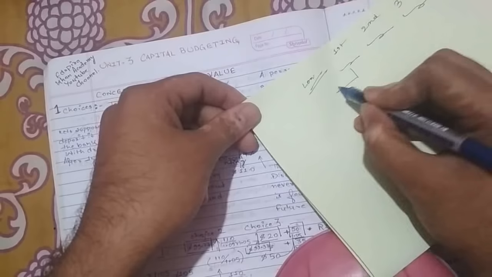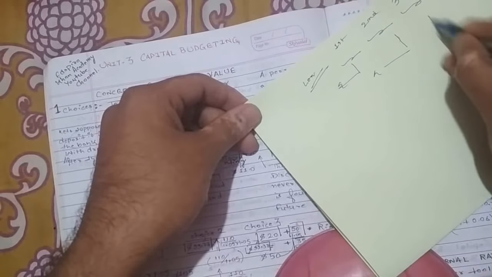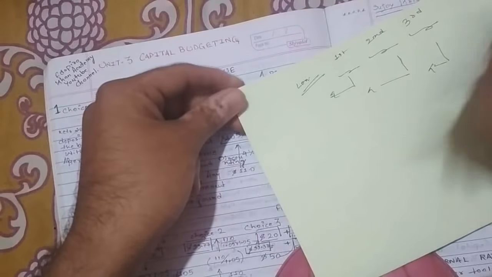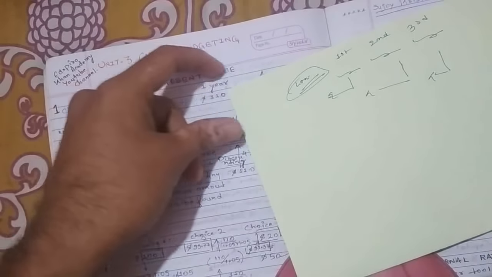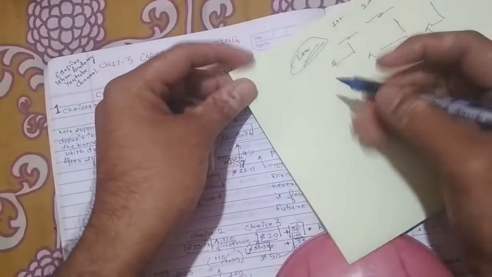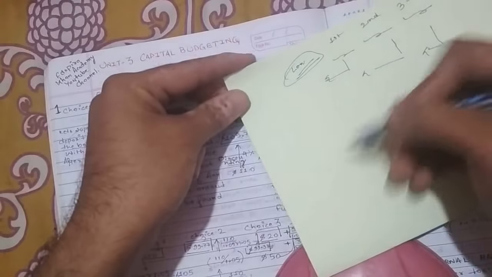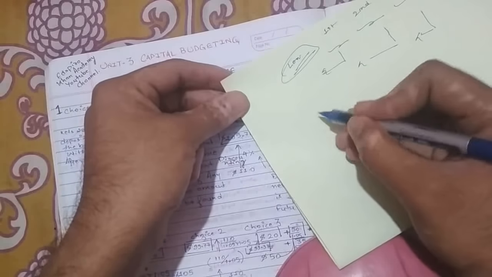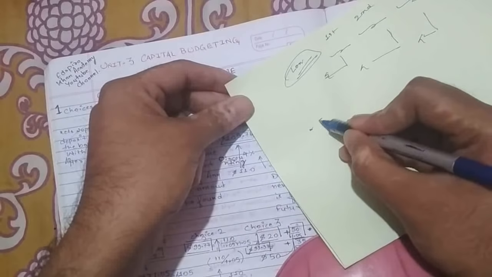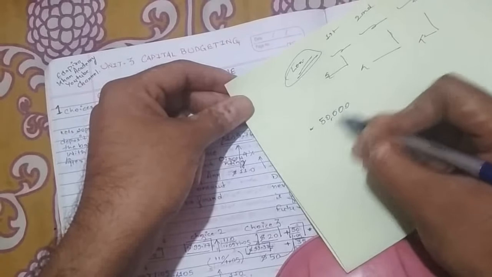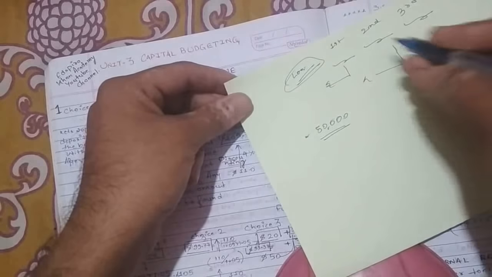So what are we finding? We are finding the present value in order to find whether we will be in profit or not, by comparing with the amount invested initially. Similarly, in this we will do the same thing. In capital budgeting, first, in the first year, let's say they invested 50,000 rupees.